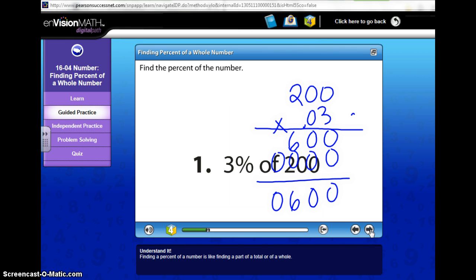Remember, this decimal moved over 2, so this one has to move over 2. So my answer is what? 6. It is, just 6.